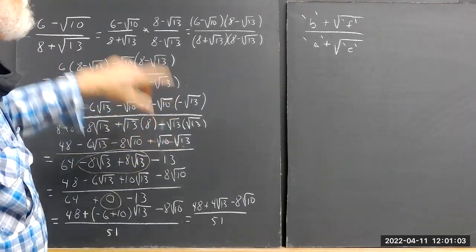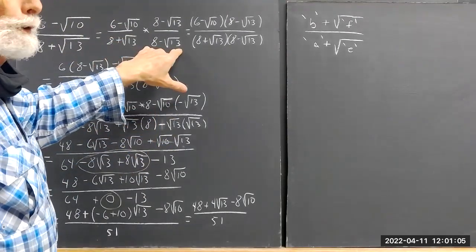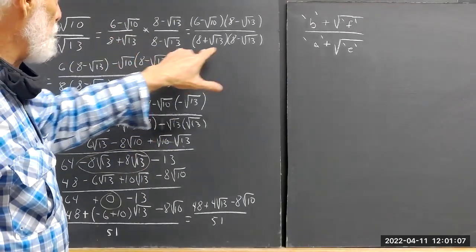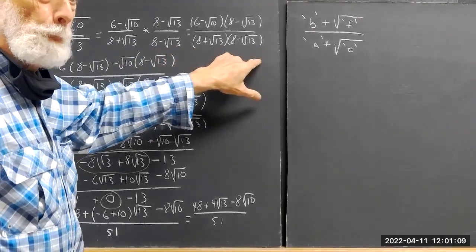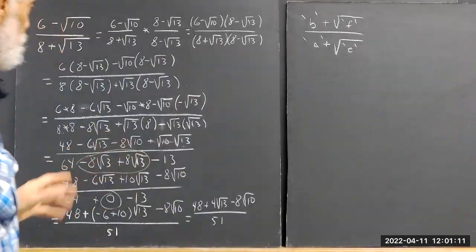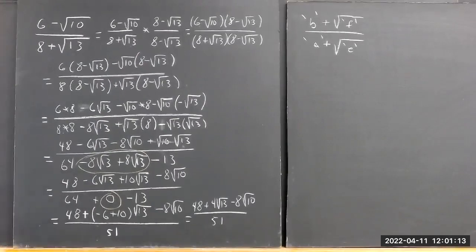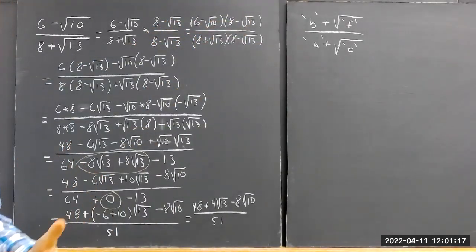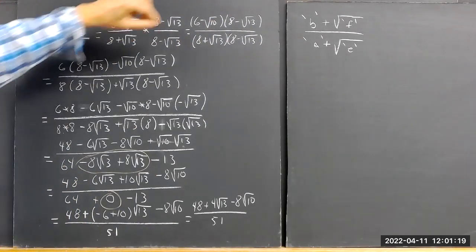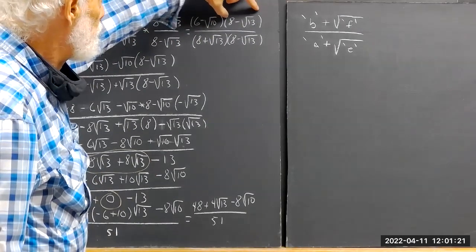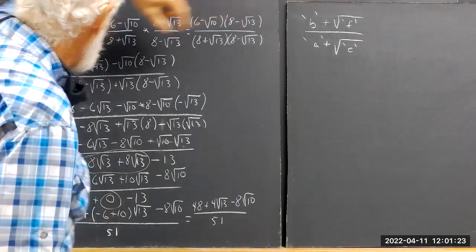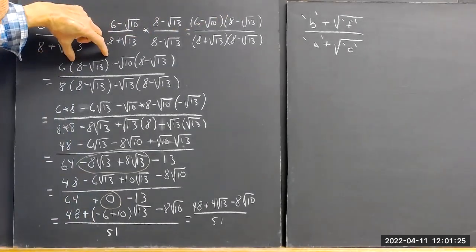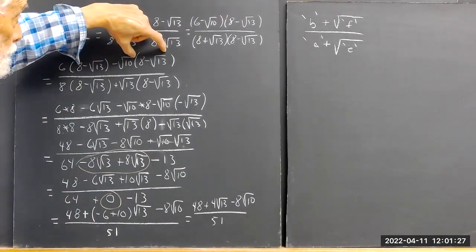Okay, so the denominators, of course, multiply. So we have this times this, which I write here with parentheses in standard form. And now I multiply this by this using the distributive law. Okay, 6 times this minus 10 times this. 6 times this minus 10 times this.